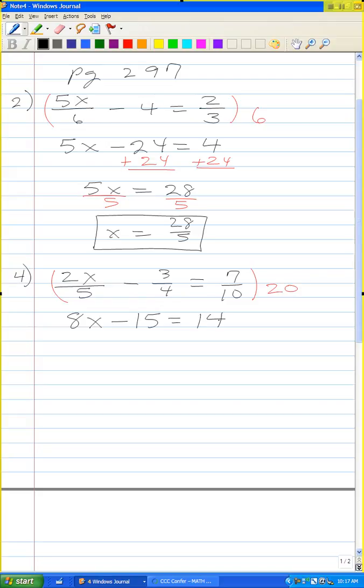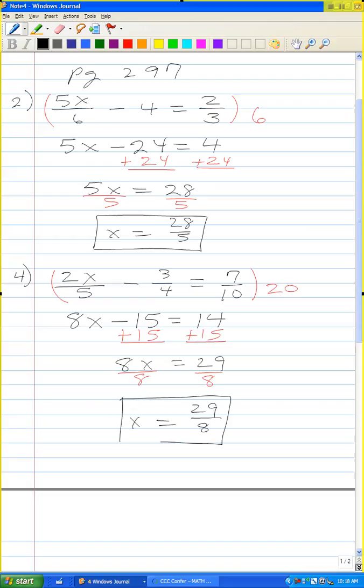Let me add 15 to both sides of my equation. And so 8x is equal to 29. Let me divide both sides of my equation by 8. And so x is equal to 29 over 8. I never divide by 0 when x is 29 over 8. Therefore, that is my solution.